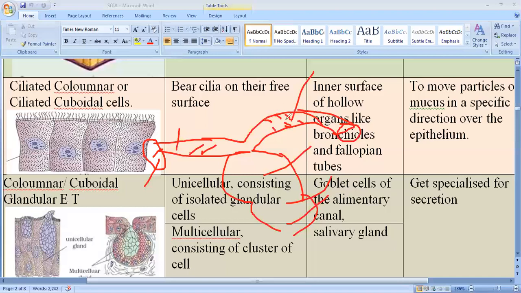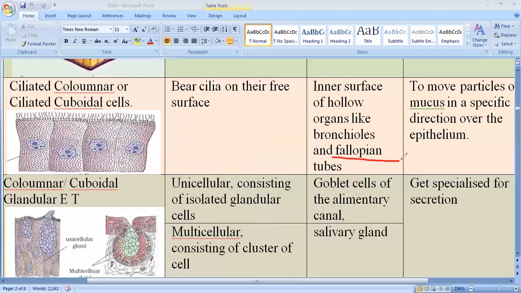Okay, so this is the description of the ciliated columnar or ciliated cuboidal cells. Location I had already told: bronchioles as well as fallopian tubes. And the function you know very well, because they have the cilia, they are going to move the particles.